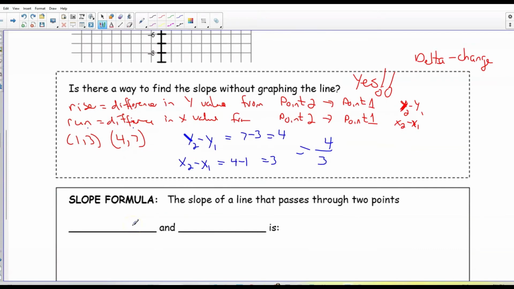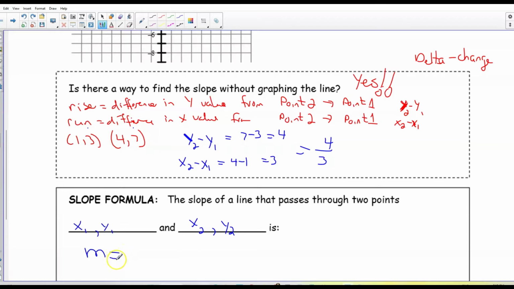Well, let's look at the slope formula. So we're going to try to determine the slope of a line that passes through any 2 points. And if we have point 1, we're going to say, well, x1, comma, y1, and we've got x2, comma, y2. Well, slope, and we use the letter m to represent slope.